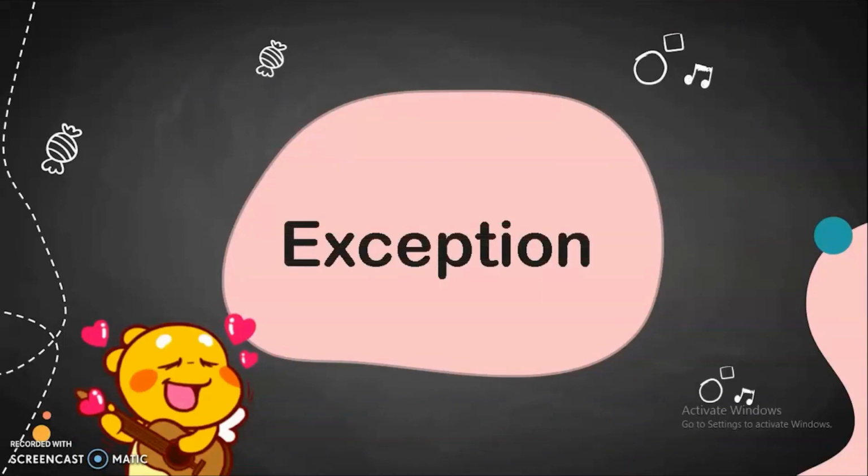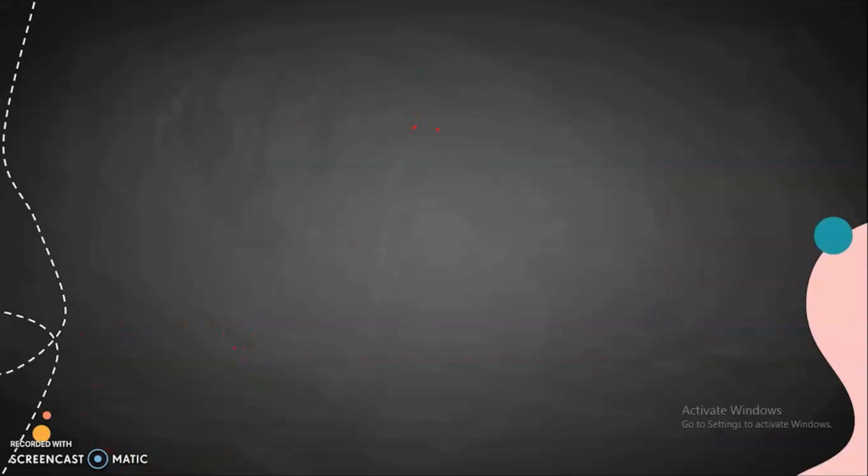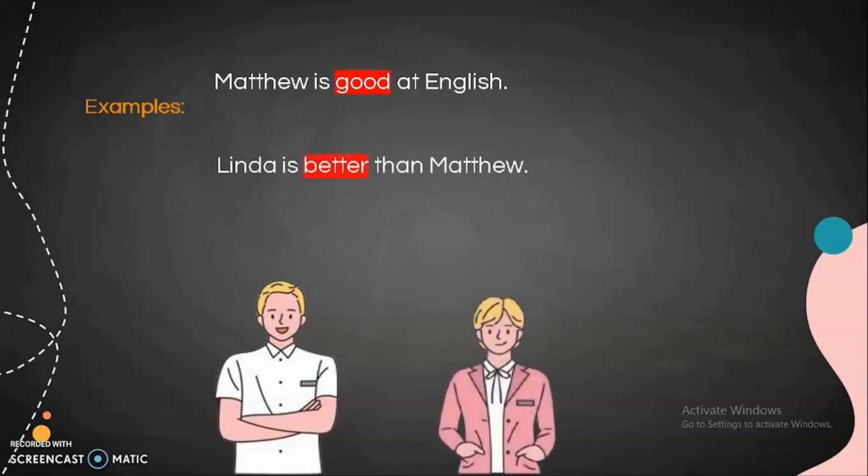Some comparative and superlative adjectives in English don't follow the usual rules. These are called exceptions. For example, Matthew is good at English. The adjective good becomes better in comparative form.